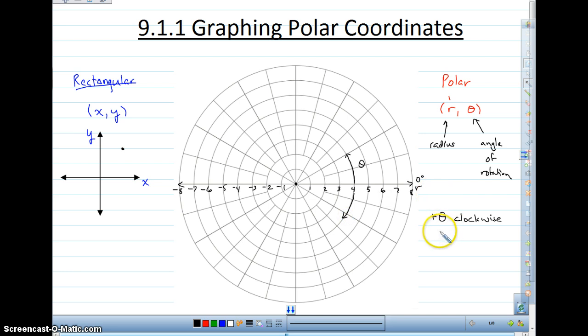I'm sorry, I said that completely wrong. A positive theta is counterclockwise, and a negative theta is clockwise. As you can tell, it's very easy to get these mixed up, so make sure you're thoroughly thinking about which direction to go depending on whether or not your theta is positive or negative.